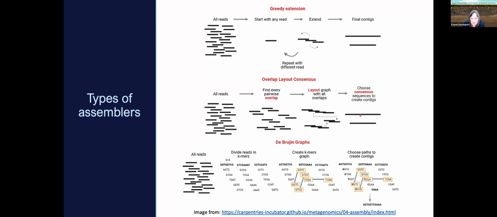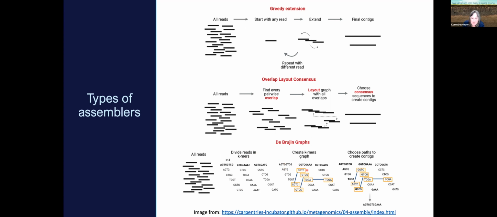And lastly, there are the De Bruijn graph assemblers that take all of the reads and break the sequences in those reads into smaller pieces of all the same size called k-mers. And in this example, the k-mers are 4 nucleotides long. A rough estimate is to use a k-mer that's maybe 3/4 the length of your read, but that varies and is generated automatically by many of the assemblers.